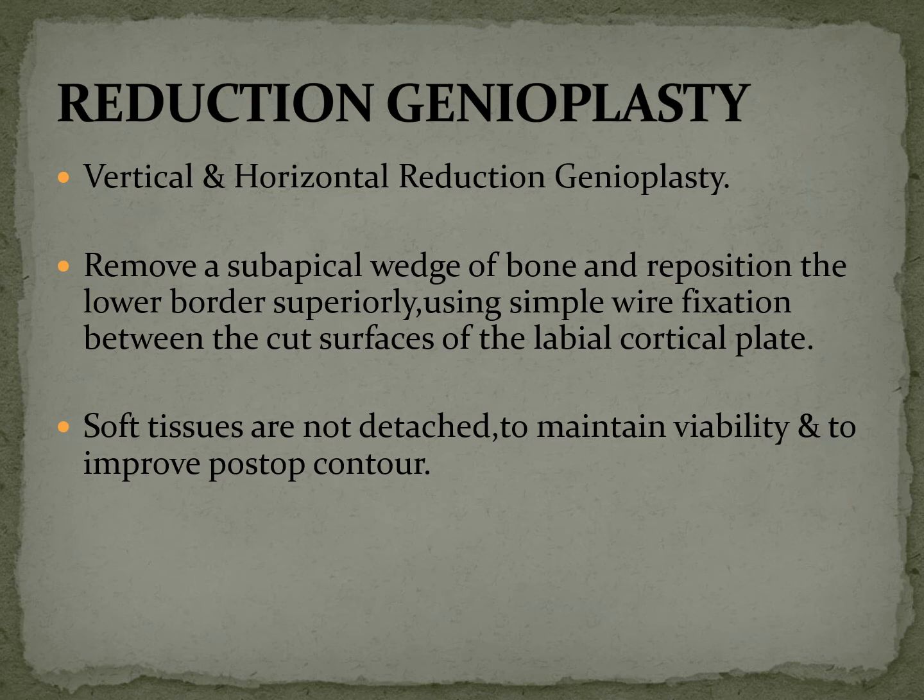Remove the subapical wedge of the bone and reposition the lower border. Put wire fixation between the cut surface of the labial cortical plate. Soft tissue is not detached to maintain viability and to improve the post-op control.